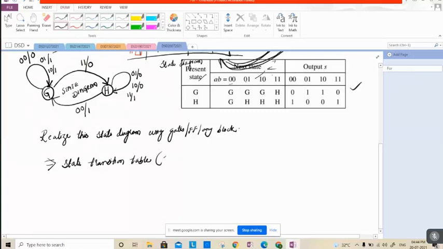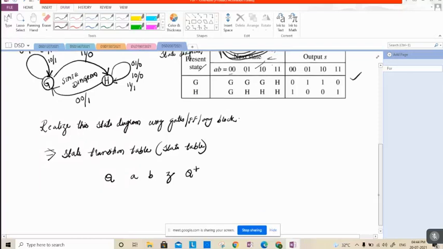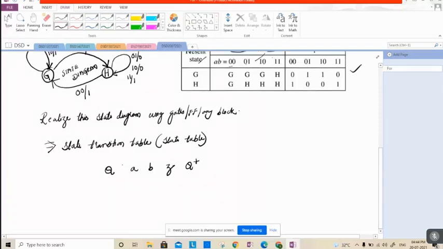In few textbooks, it is also called simply the state table. In this, the things to be mentioned are the present state value, AB value, output value, and Q plus value. We'll write down the values here.